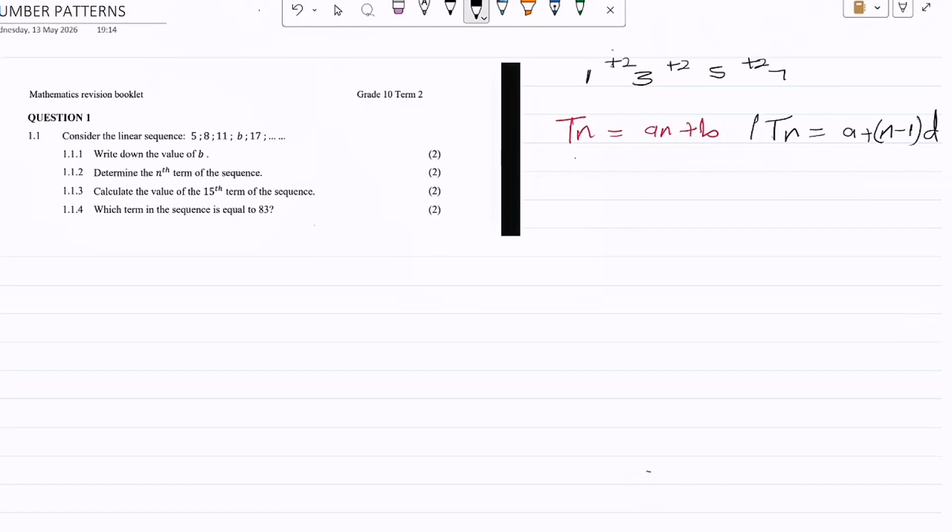So in this formula, Tn would be the value.